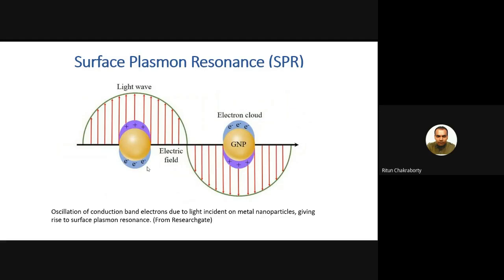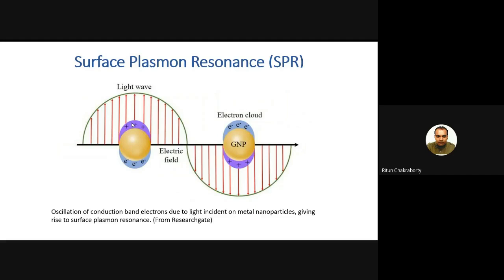So a type of polarization happens, and this polarization results in separation of the electrons, which are negatively charged, and the positively charged nucleus or the cationic lattice, the positively charged ions of the gold nanoparticles.